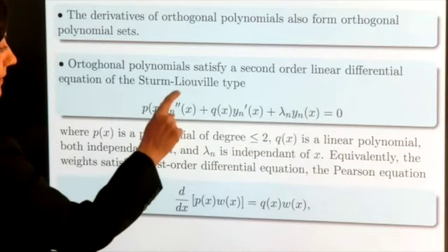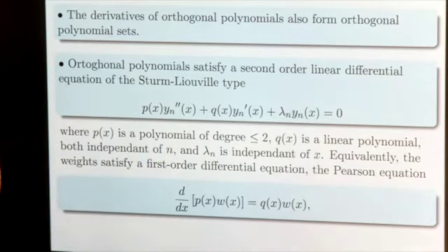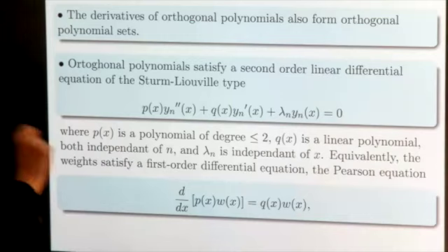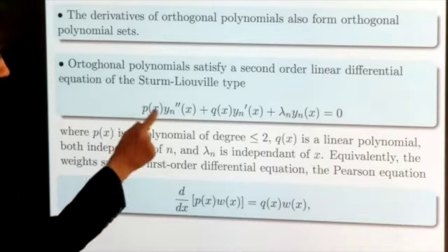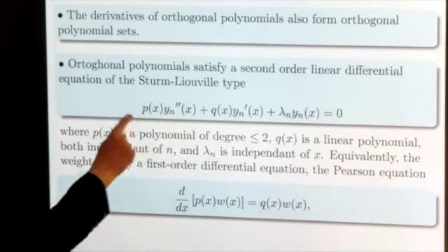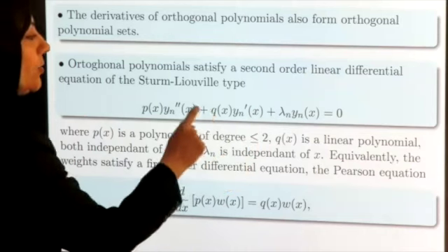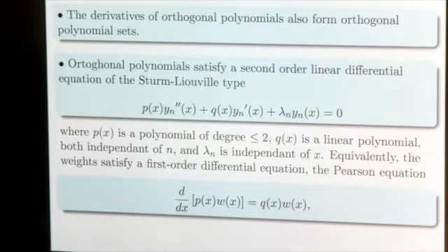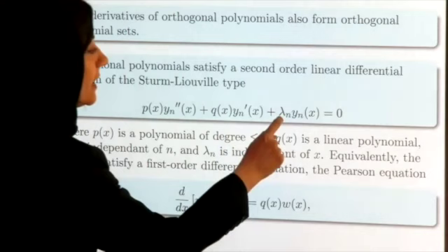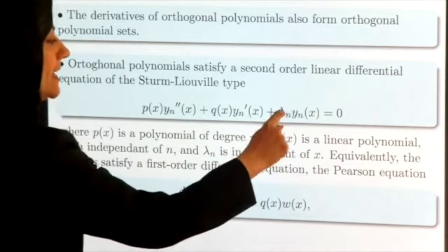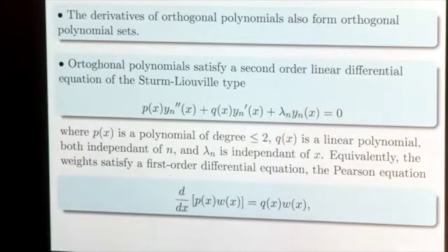You can see we have a second order differential equation, where p of x is a polynomial of degree less than or equal to 2, q of x is a linear polynomial, and lambda n is independent of x.